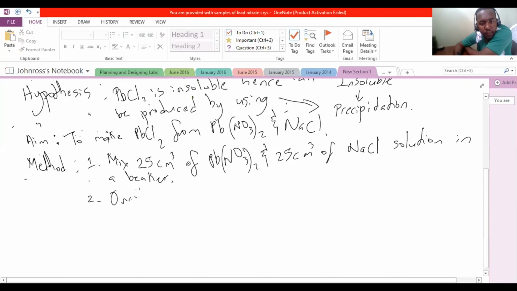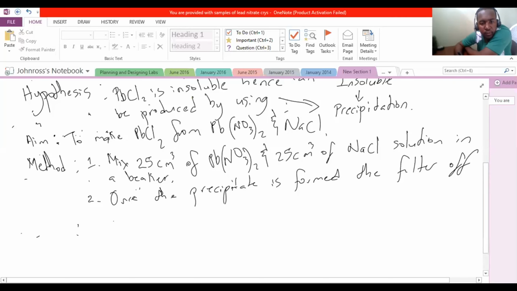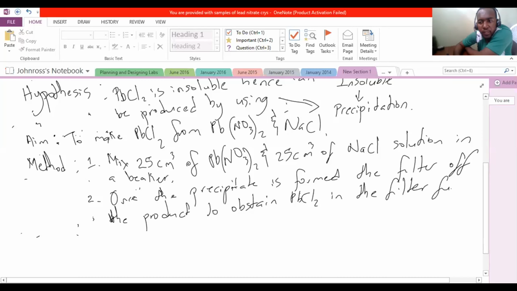So once the precipitate is formed, then filter off the product to obtain the PbCl2 in the filter funnel, because that's the part that will be the residue, right?